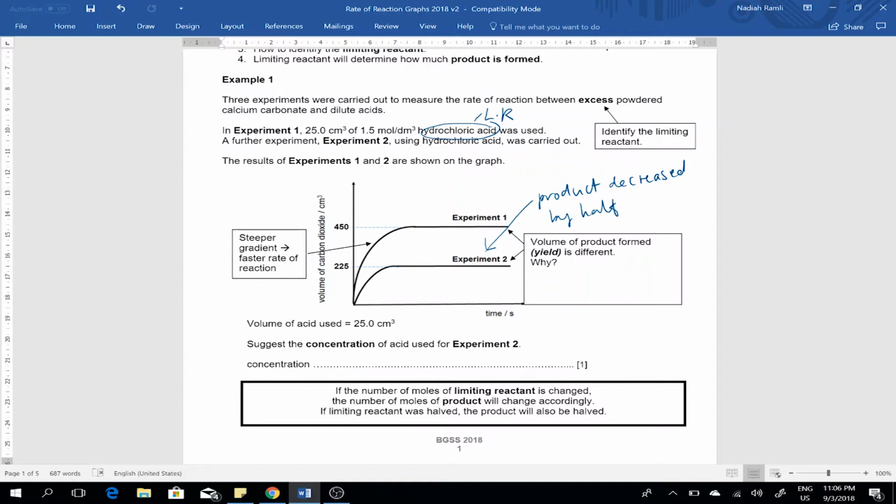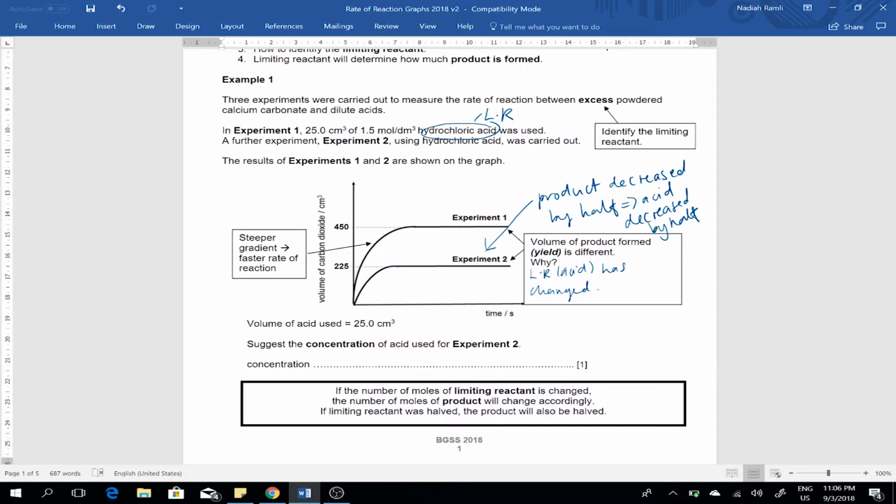So when your product is decreased by half, it means that your acid will most probably have decreased by half. Okay, so the volume of product formed is different. Why? Because the limiting reactant, which is your acid here, has changed.